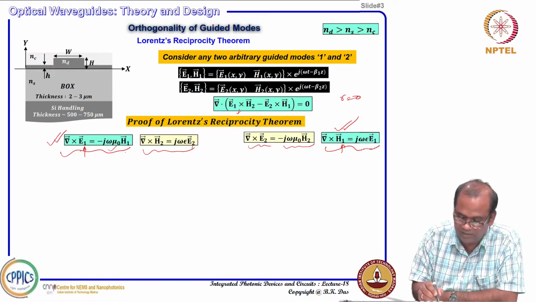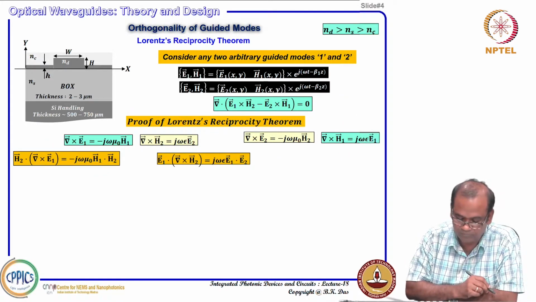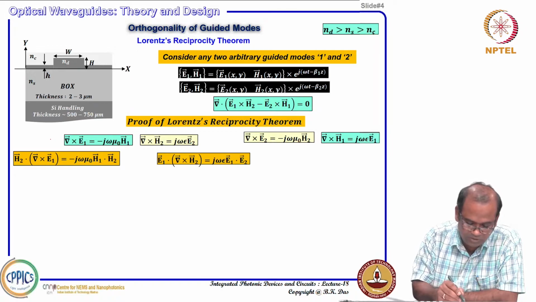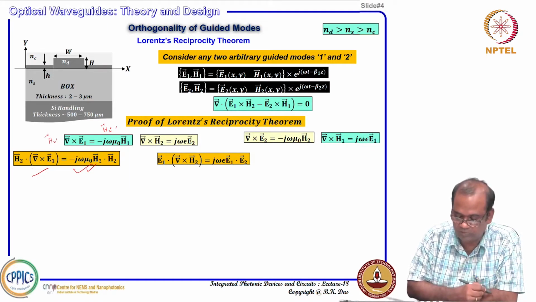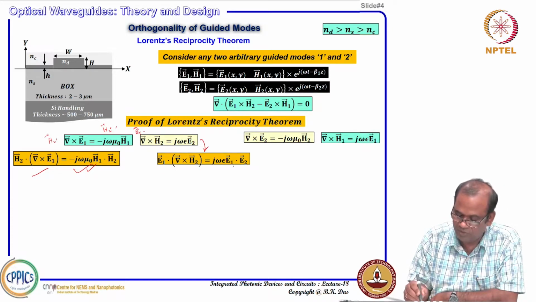Starting from here, next, take the dot product of H2 on both sides of the first equation. Same thing for the other equation: take the dot product with E1, because H2 and E2 are involved. So I just got two equations here.